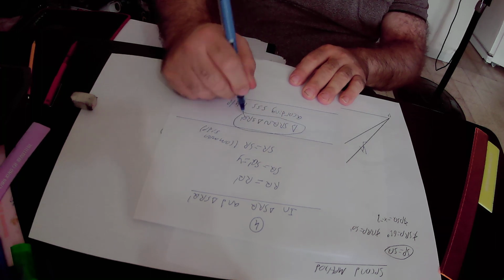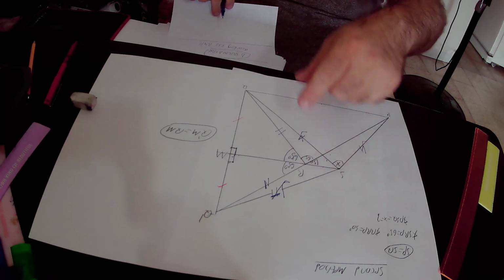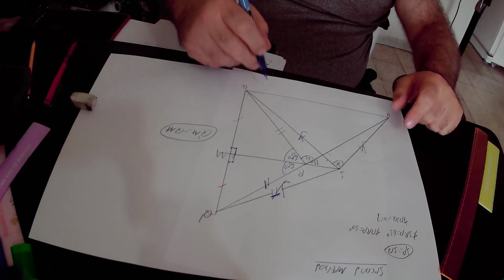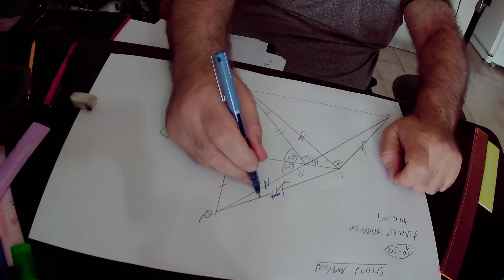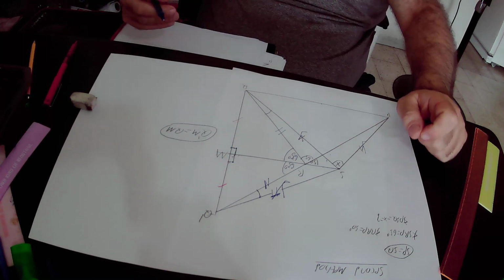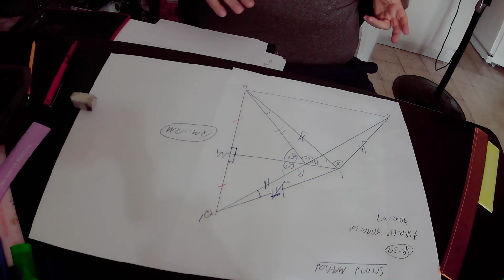From the fact that those two triangles can go into each other, we can conclude that those two angles are equal to each other, according to the rule that corresponding angles in congruent triangles are equal.